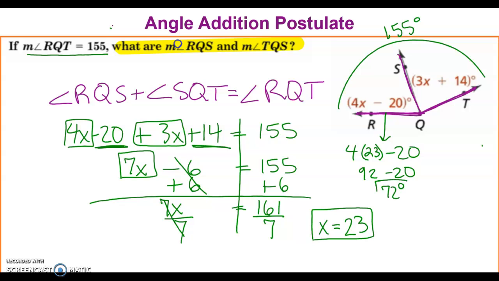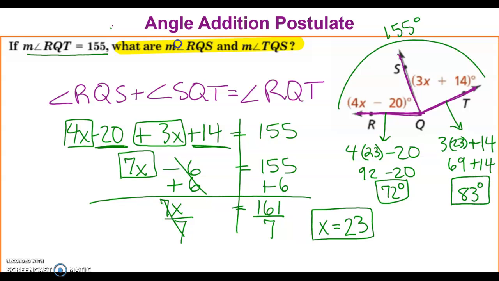So this angle is 72 degrees. Now let's do this angle. 3x plus 14. And once again, we know what x is. X is 23. So 3 times 23 is 69. Plus 14 is 83 degrees.